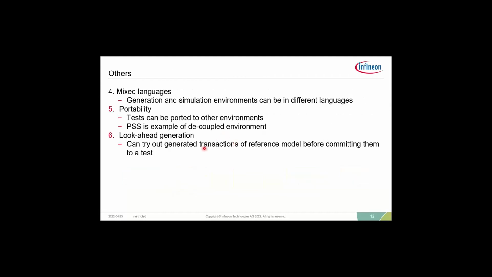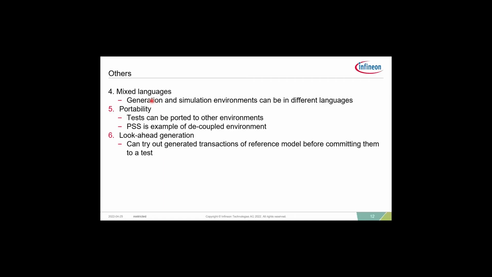Some other possible benefits: you can have mixed languages. Your generation and simulation environments can be in different languages very easily. For instance, the generation environment could be in Specman e, and the simulation environment in SystemVerilog. You could have the generation environment in Python, if you had a Python constraint solver, or whatever you like.